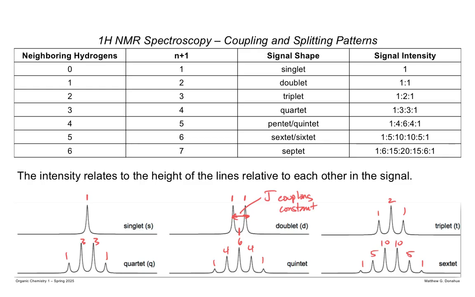The integration or ratio is completely different than the number of neighbors. Again, what you can infer from a doublet is that there's only 1 neighbor. It's telling you the neighbor. It doesn't tell you how many hydrogens belong to the doublet itself.